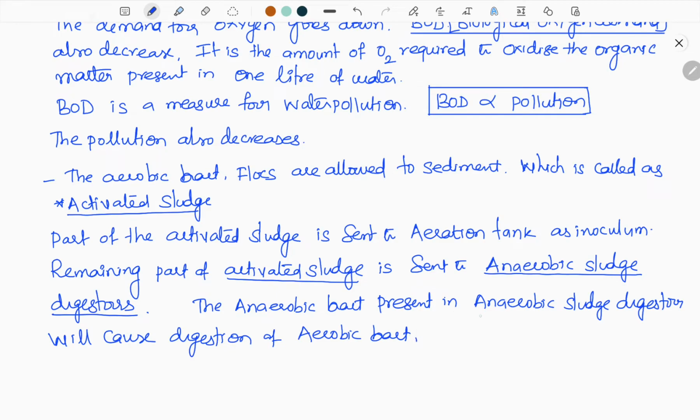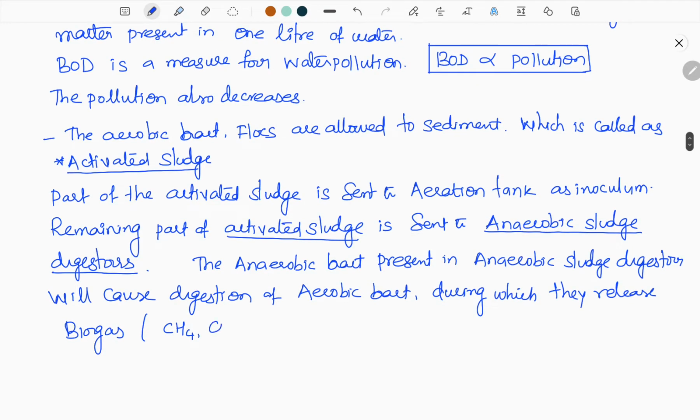And during this digestion of aerobic bacteria, the anaerobic bacteria, methanogens as they are called, release biogas. This biogas mainly contains methane, carbon dioxide, H2S, and traces of some other gases.